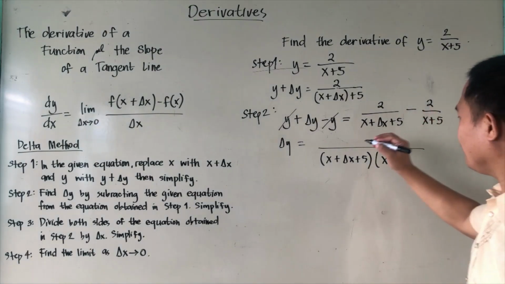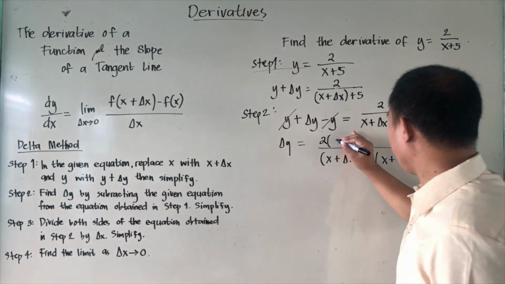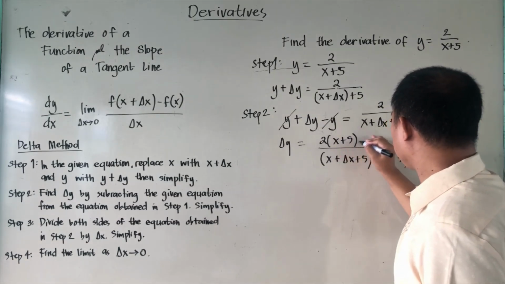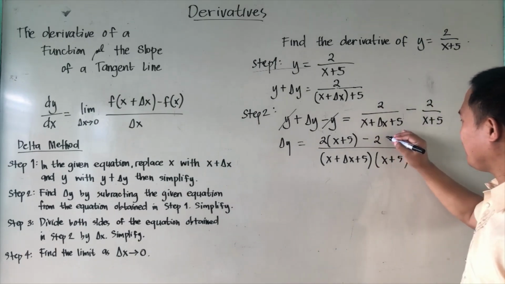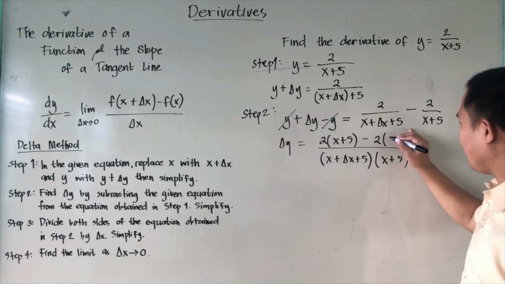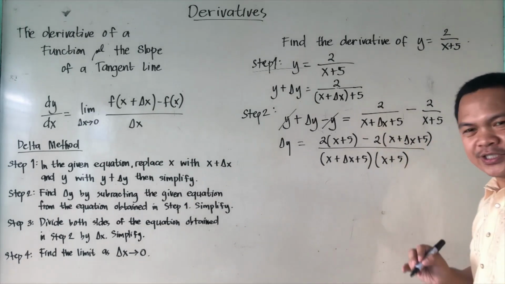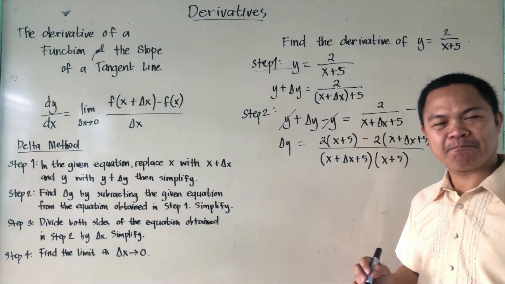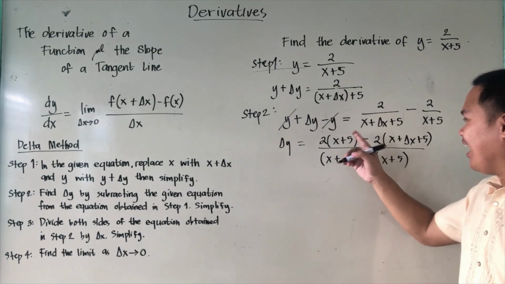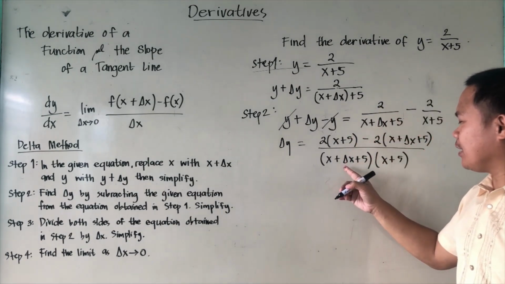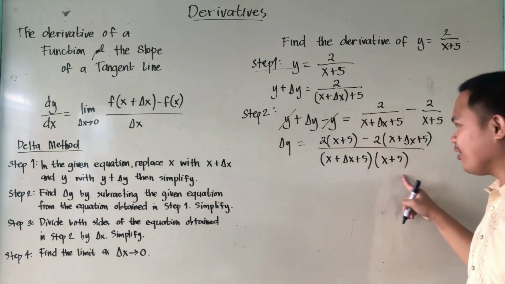So we have 2 times x plus 5 minus 2, this 2, times x plus delta x plus 5. Question? None? Okay. Anyway, what was done here, come to think of it, is we took the LCD.